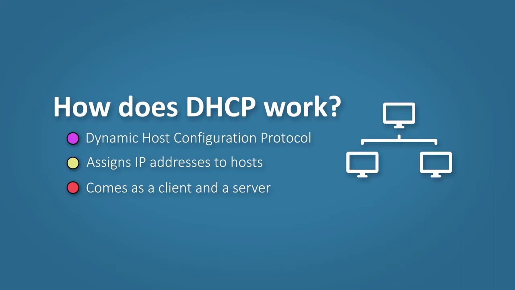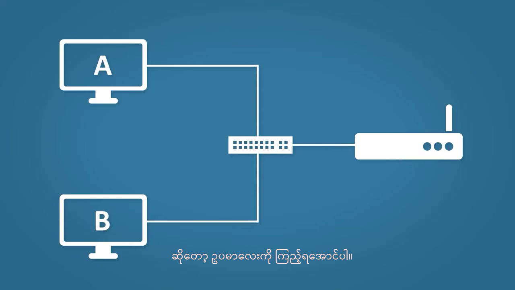Right, let's see an example. Here's our network. We have two PCs, a switch, and a router. For our computers to work over the network, they need an IP address. Not just any IP address. That address has to be unique on the network.